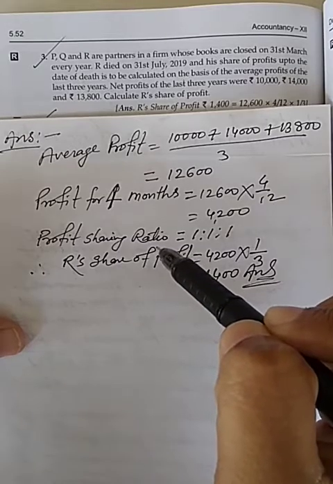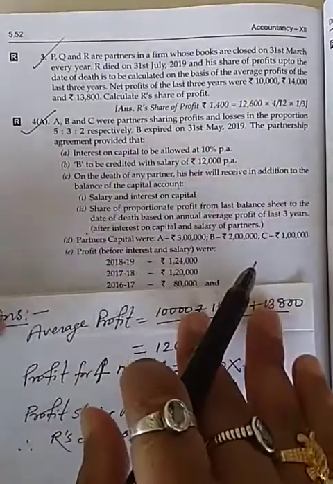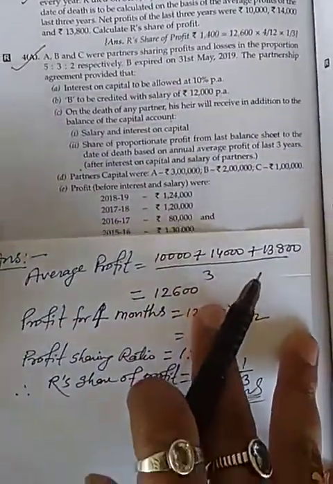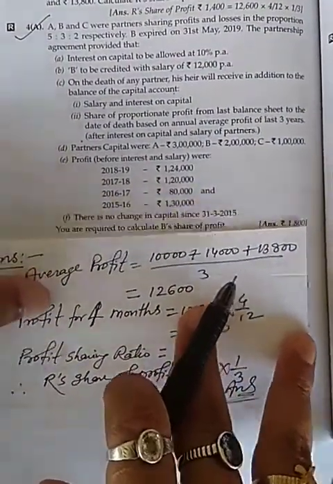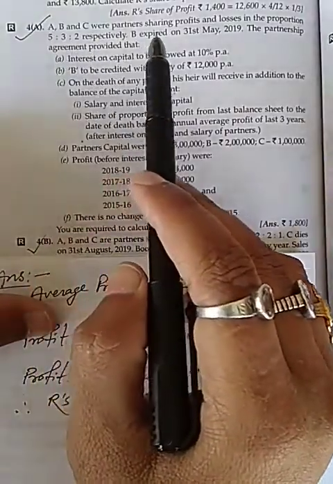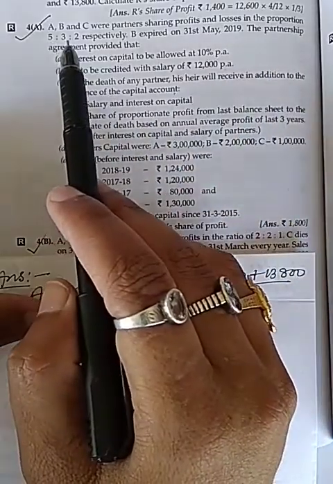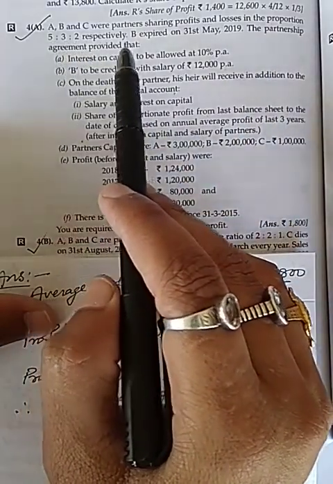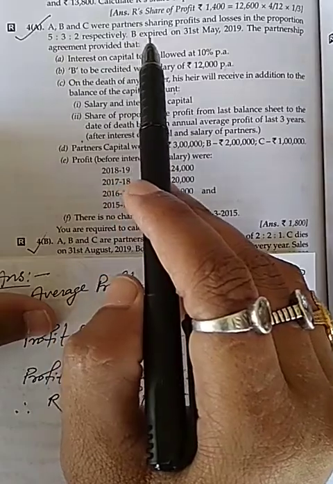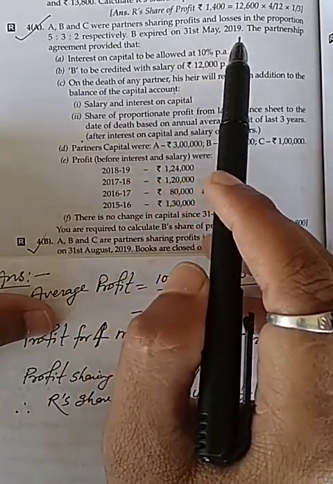Now see the next problem. A, B and C are partners sharing profits and losses in the proportion of 5:3:2 respectively. B expired on 31st May 2019.